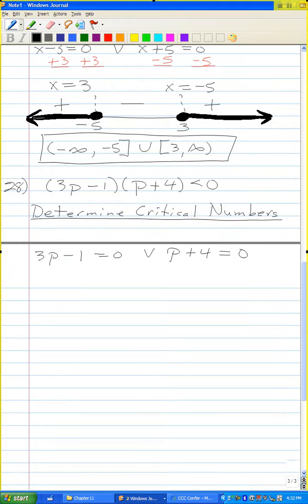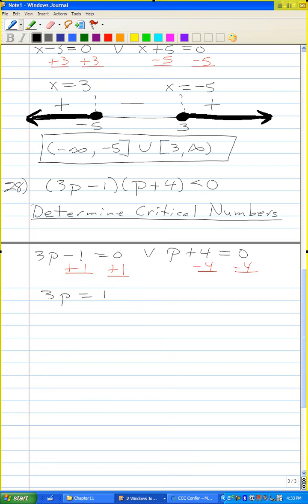Solve for p. Add 1. Subtract 4. So 3p equals 1. P equals -4.